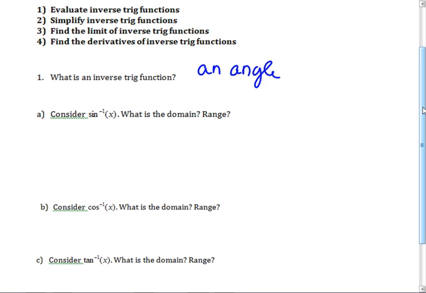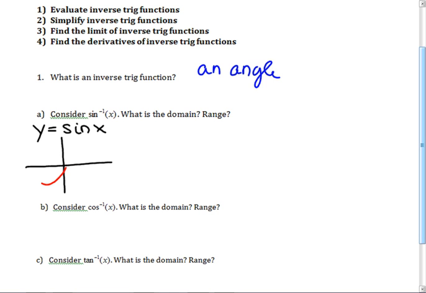I want to find the domain and the range. So, guys, if I look at the sine function, I want to restrict the domain of this function so that my function is always increasing or always decreasing.